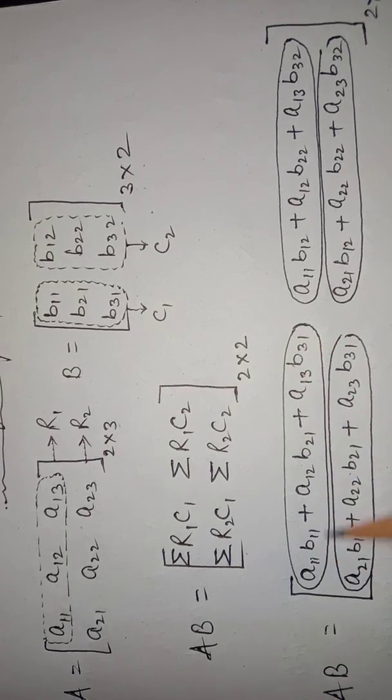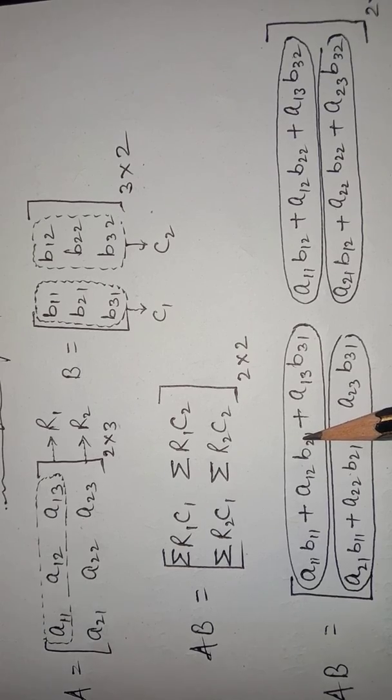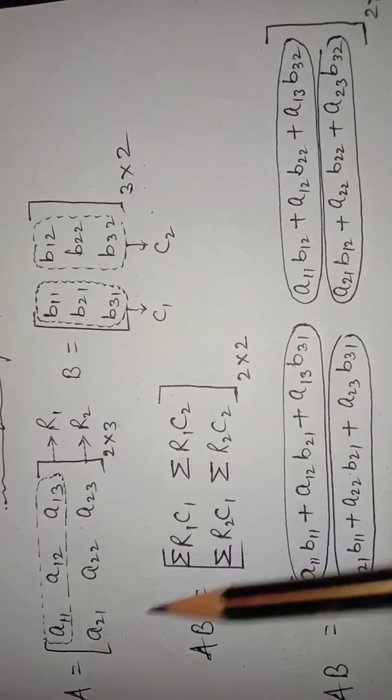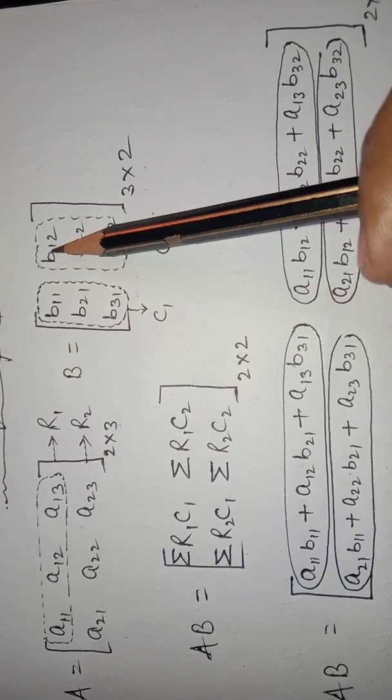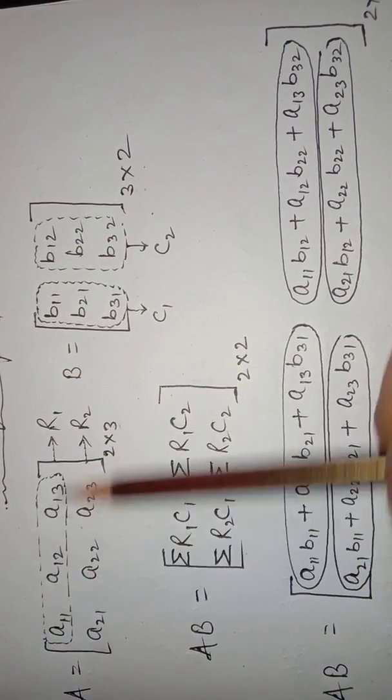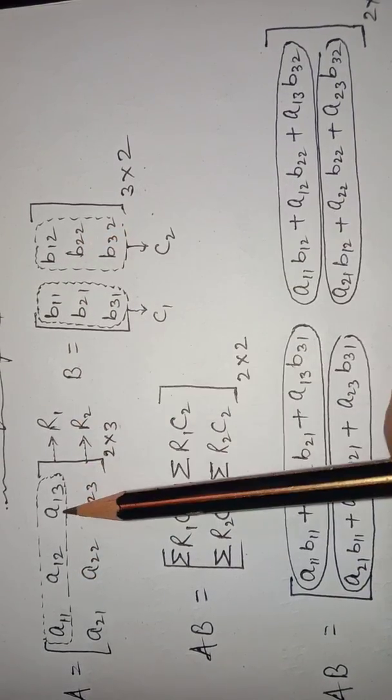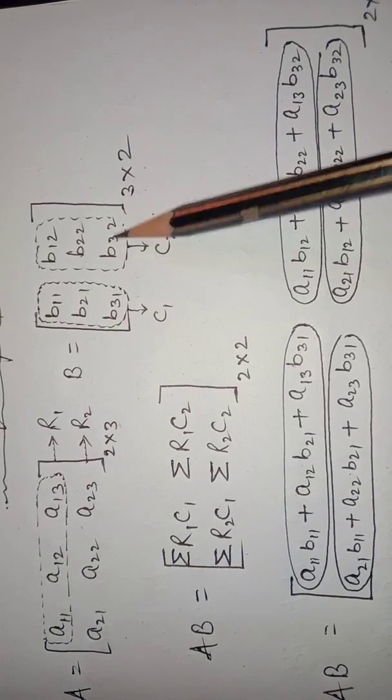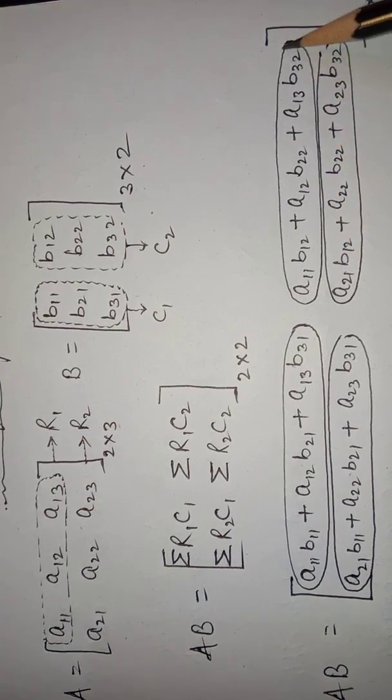So when we are adding, that's why I have written sigma. So this is a single element. Now apply the operation again: A11 B12 plus A12 B22 plus A13 B32. Here I have written it and you add it.